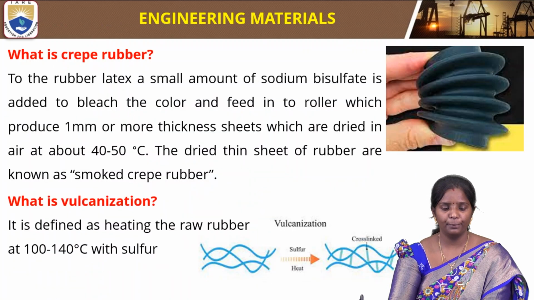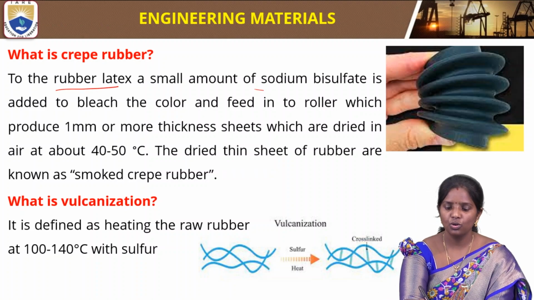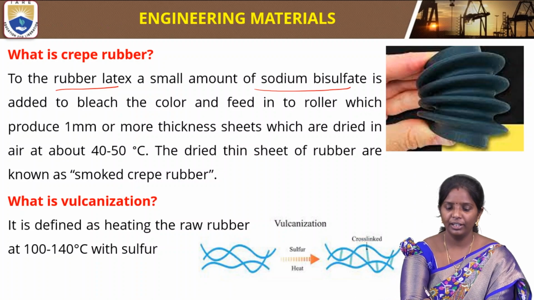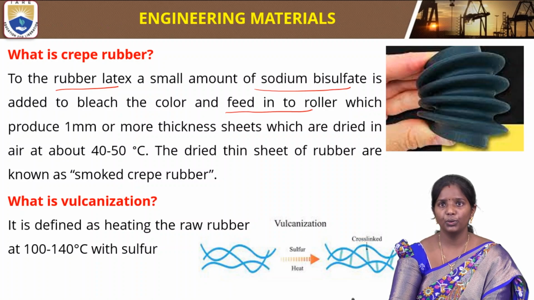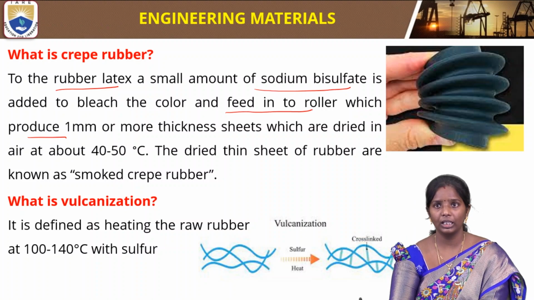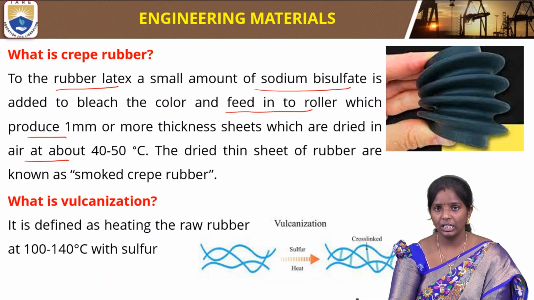Then what is crepe rubber? To the rubber latex, a small amount of sodium bisulfate is added to bleach the color, and it is fed into rollers. It is rolled down to produce crepe rubber sheets of 1 mm or more thickness, depending on the capability or desirable thickness, which are dried in air at about 40 to 50 degrees centigrade.